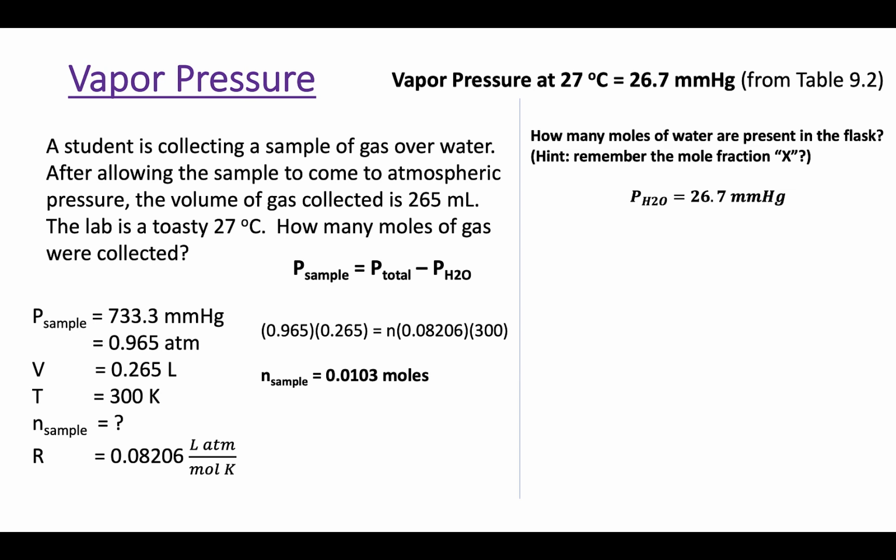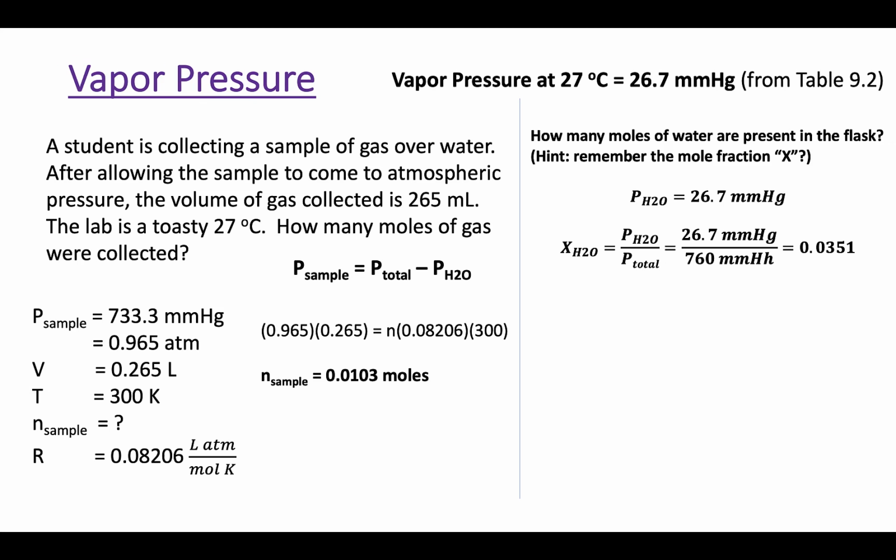So first note that the partial pressure of water is the vapor pressure of water, right? This should be something we're comfortable with by now. Note that we can get the mole fraction of water by taking the partial pressure of the water vapor, dividing it by the total pressure. And so because we know that the partial pressure of water is 3.5%, or 0.0351, excuse me, is the fraction of the total pressure that the vapor pressure of water is, so P_H2O over P_total.